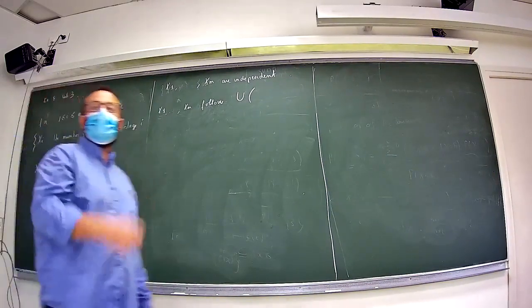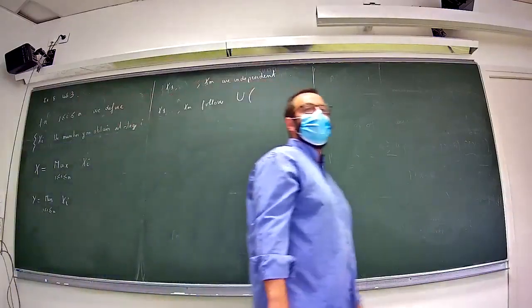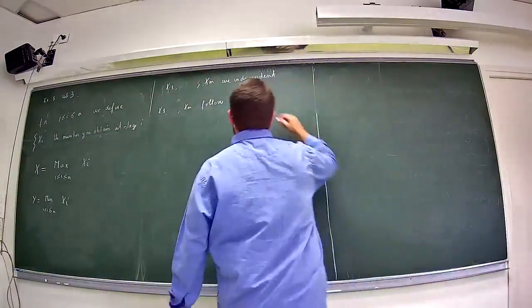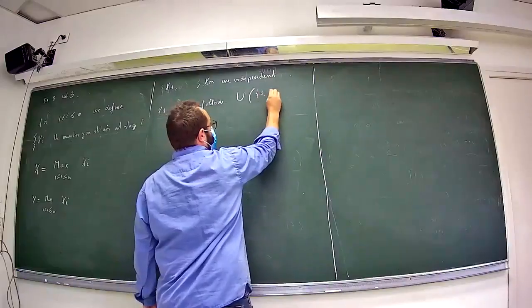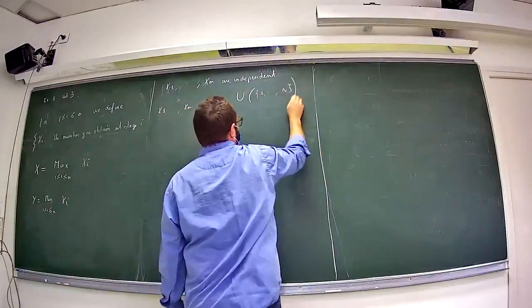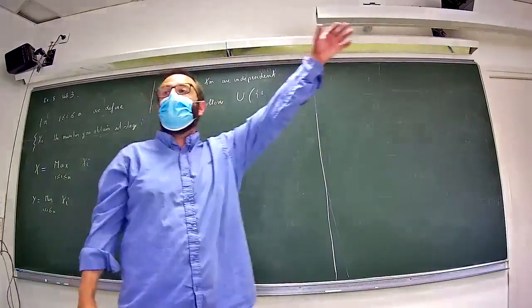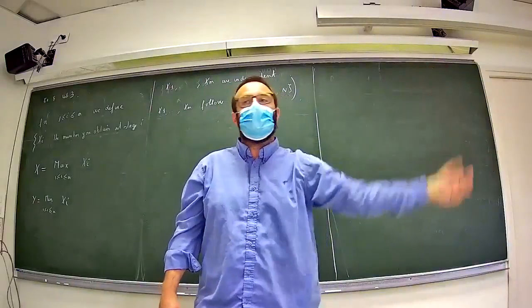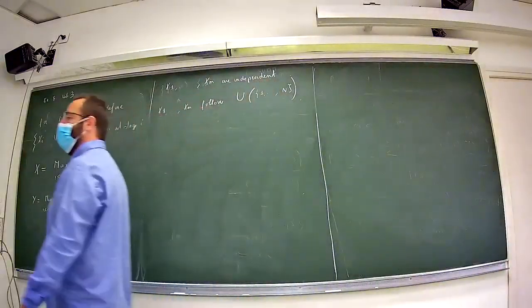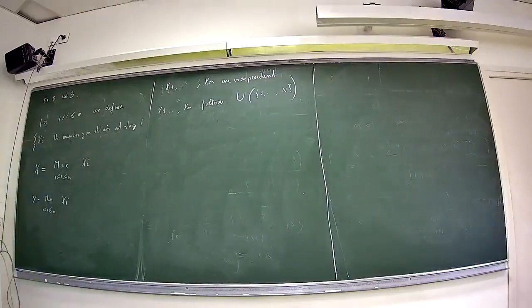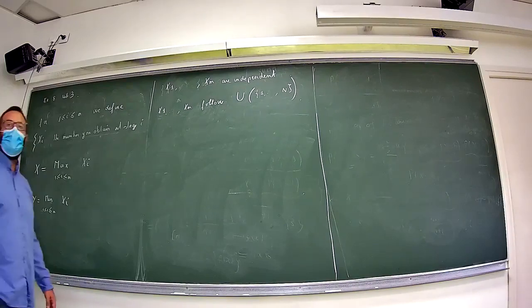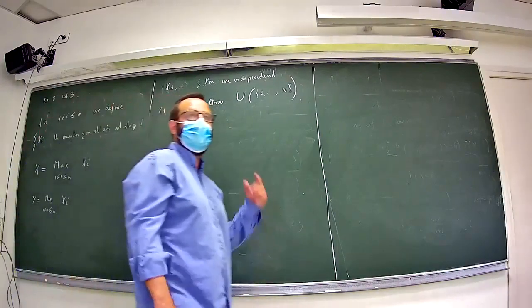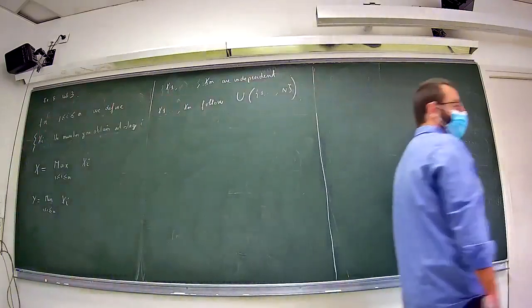Which n? Because I have two n here, small n and capital N. Yeah, capital N, I agree. So in fact, if I want to translate the statement with words, your job here is to find the distribution of the maximum and the minimum of small n independent uniform on the set 1 to capital N. It's what I want you to do.